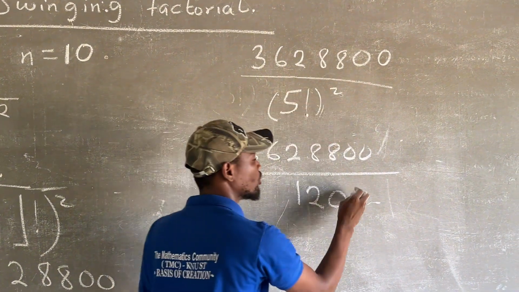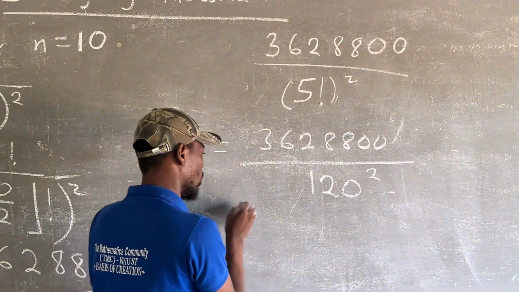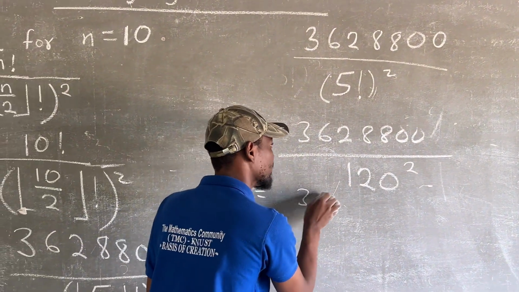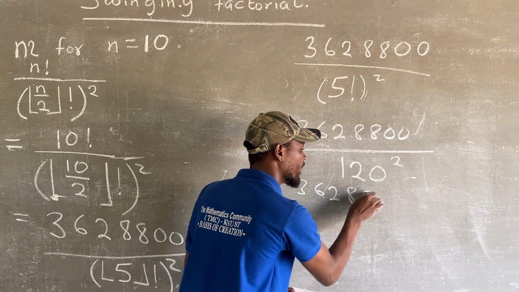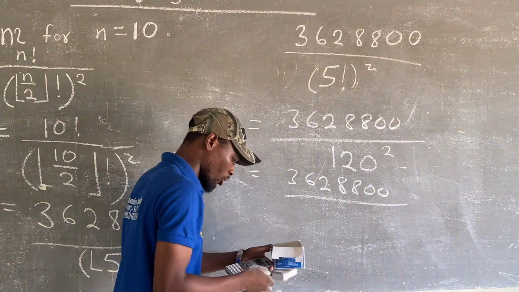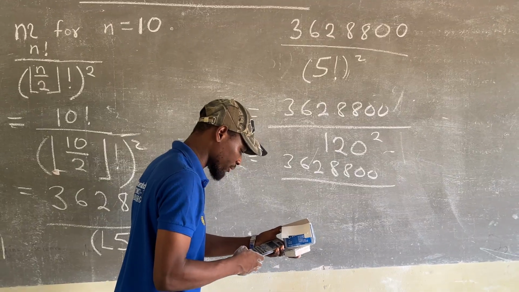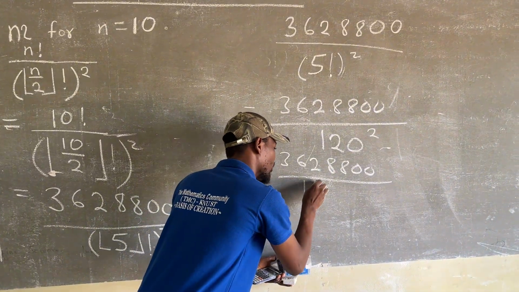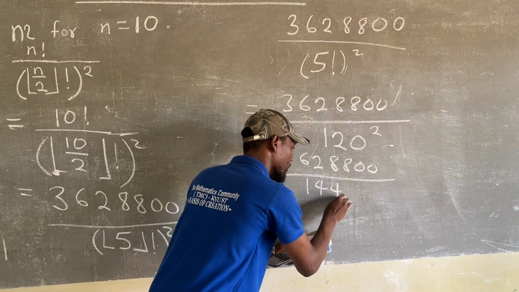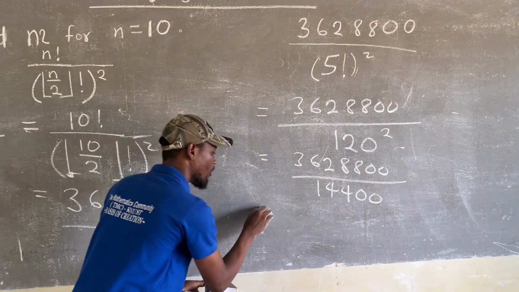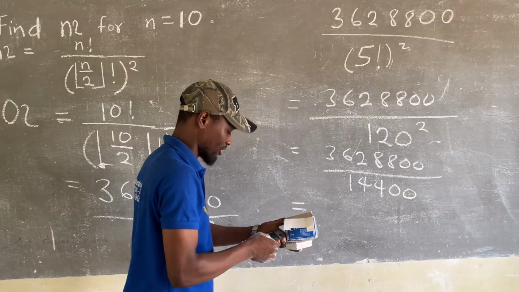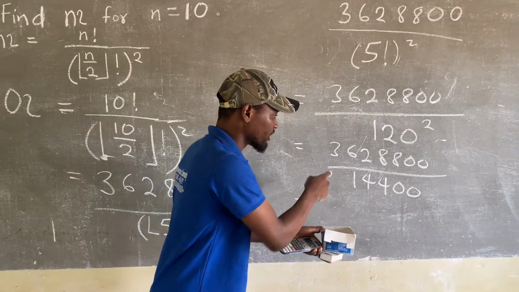Remember, they are squaring, so I square it. So I have 3628800 over 120 squared, which is equal to 14400.